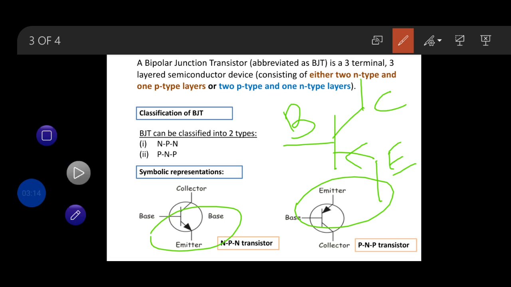At the emitter side I have put the arrow. That is, the arrow will always be at the emitter side. But for the PNP transistor it is inward, and for the NPN transistor it is outward. Remember this one.